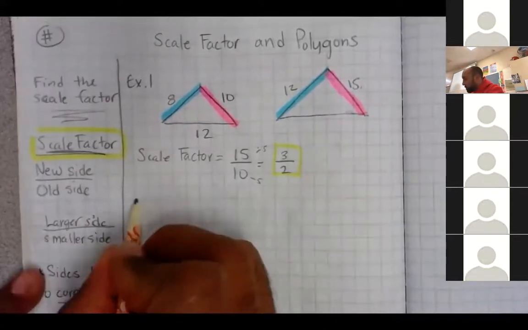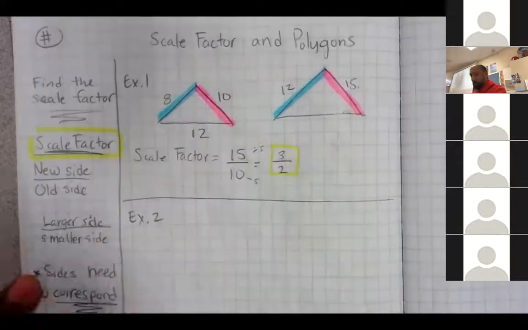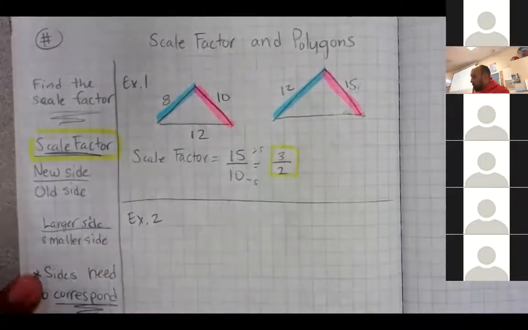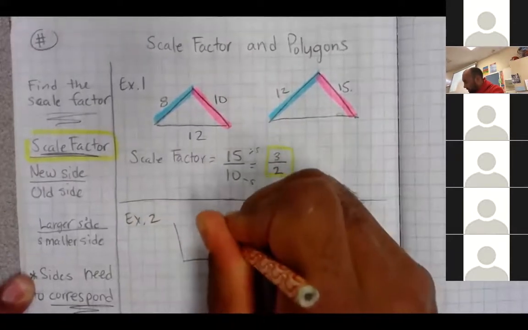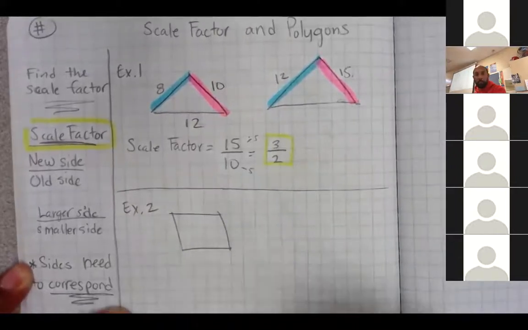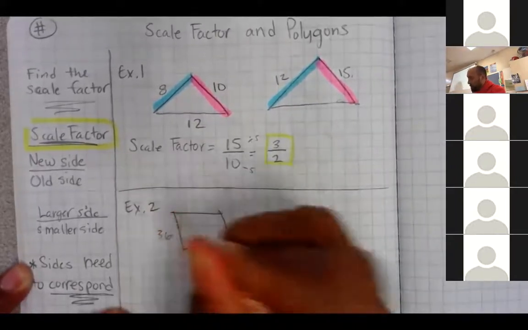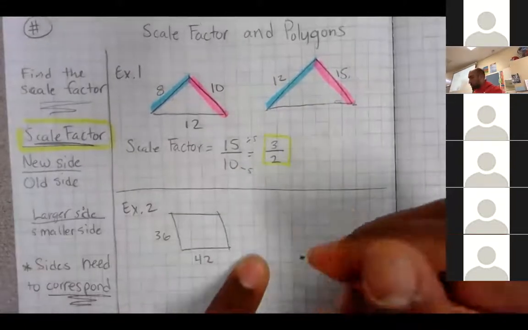All right, so the next problem. Okay, so now we're going to have two shapes that look like parallelograms, leaning a little bit. If you end up drawing a square, it's fine. Just do your best to make them similar.